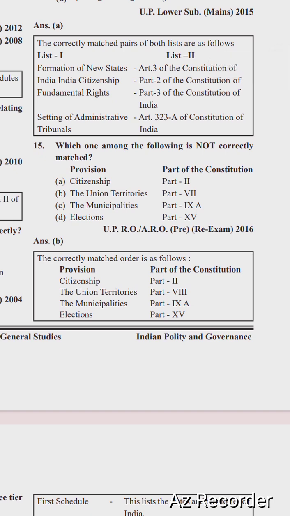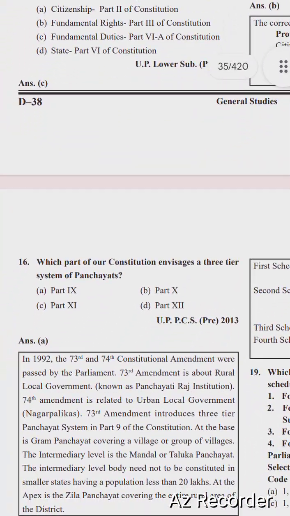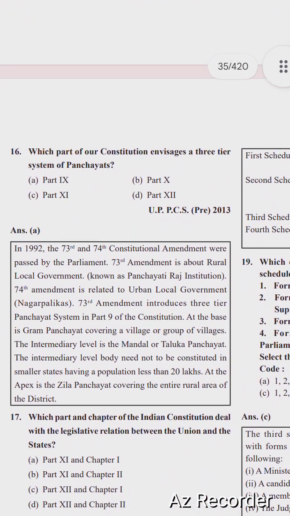Right option is option number B, Union Territory, Part 7 of the Constitution. All are right, but the Union Territory is wrong. So citizenship is related to Part 2 and Union Territory is related to Part 8 of the Constitution. Municipality is related to Part 9 of the Constitution, and election is related to Part 15 of the Constitution.